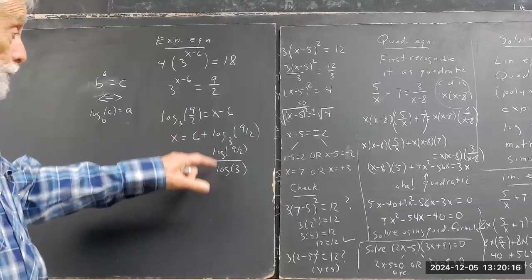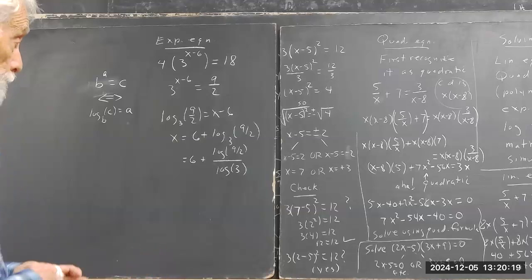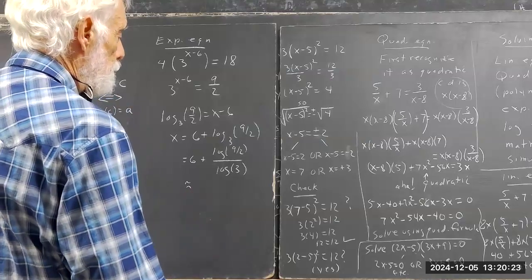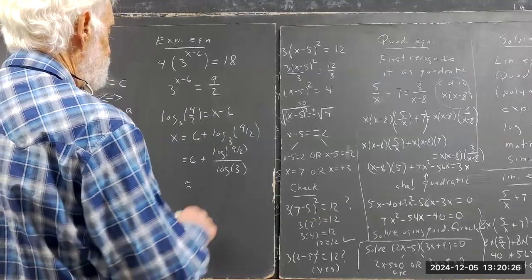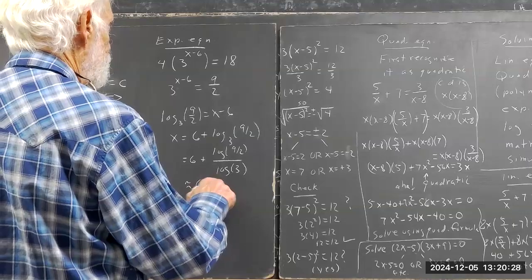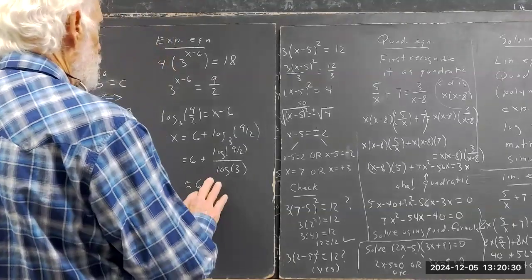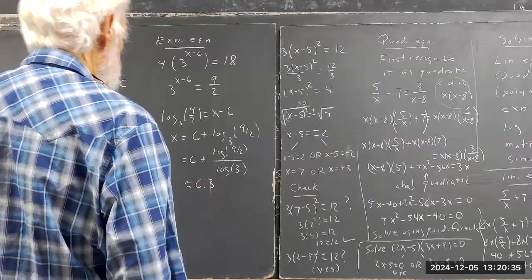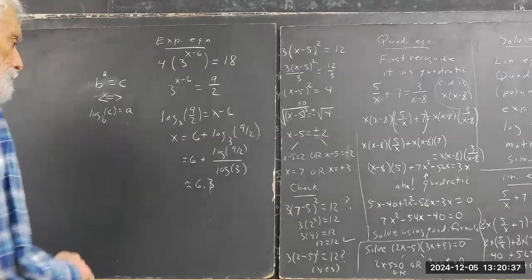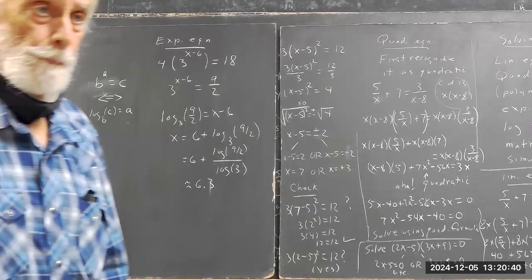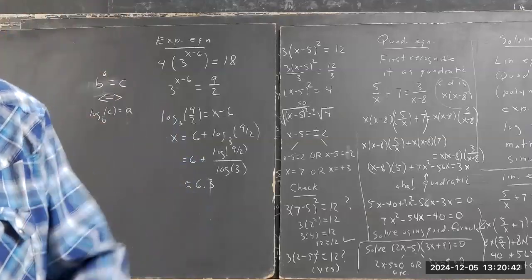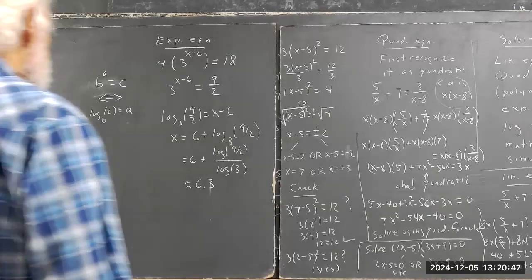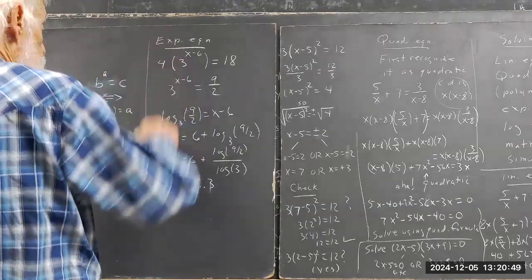So make sure you understand this rule so you can simplify this. And that's probably going to be about, maybe, oh, that's 4.5, so it'd be about 6.3, maybe 6.4. But plug it into your calculator. I did that quickly. I don't trust my little calculator.